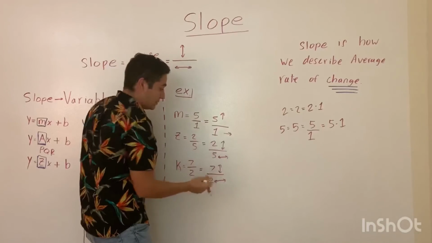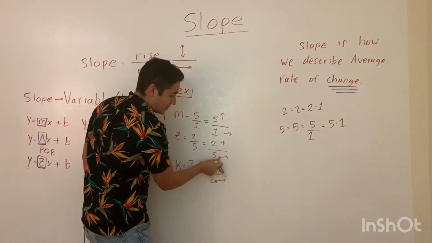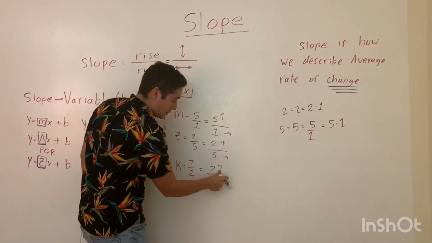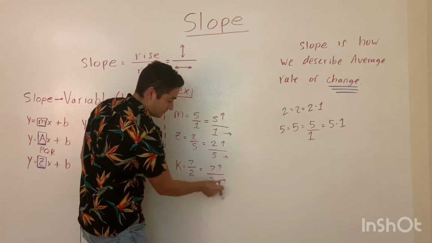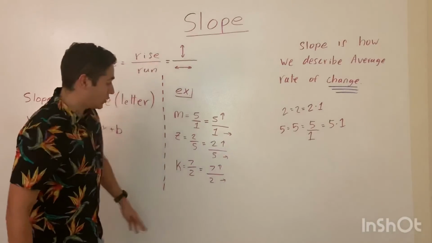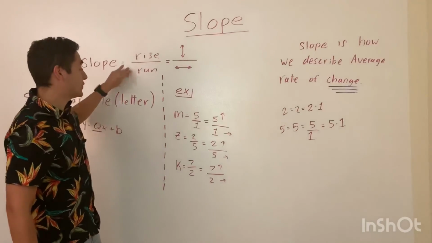The same thing here, everything's positive, so it's going to be 2 up, 5 to the right. And lastly, over here at the bottom, we have 7 up and 2 to the right. Okay? And that is how we can go ahead and solve for slopes using rise over run.